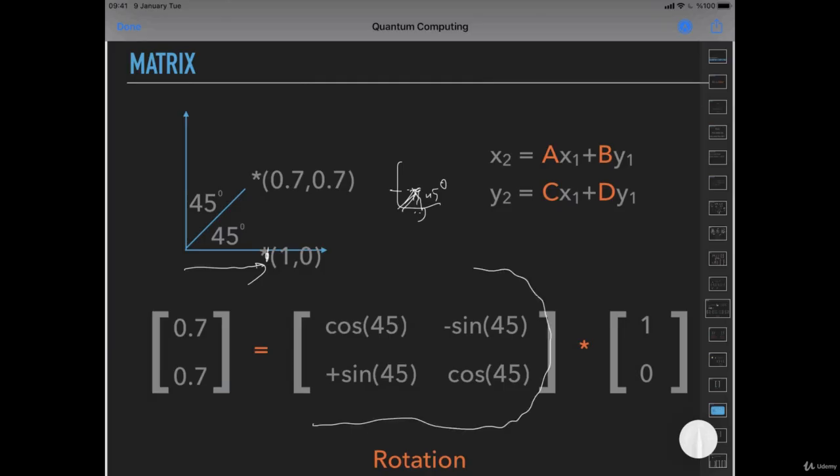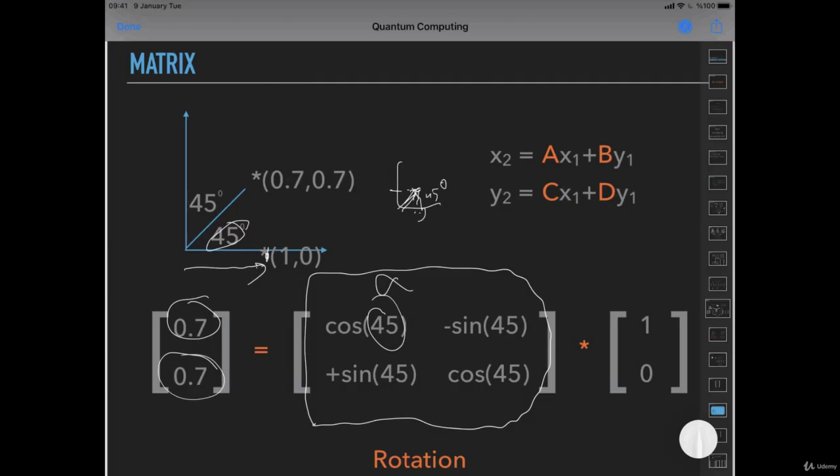So this should be the formula: cos 45, minus sin 45, sin 45, and cos 45 over here. Maybe you don't even know the values of those. It really doesn't matter, you can just go and Google it. It should be around something like 0.7. If you do this calculation, you're going to get the same result that I'm getting over here.